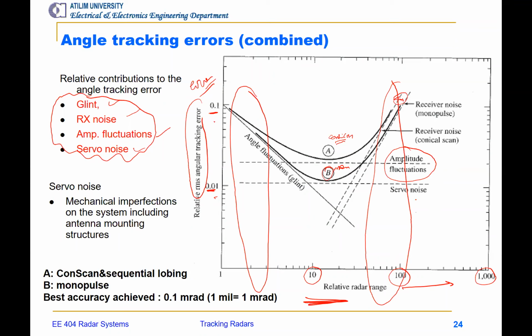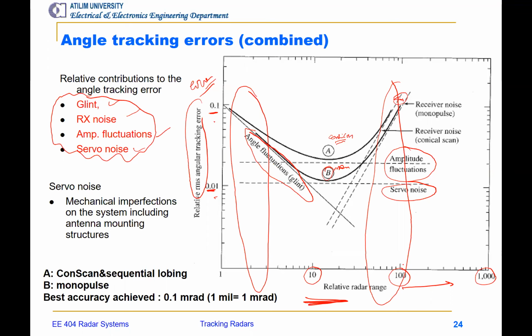On the other hand, servo noise is a problem for monopulse, as it is for conical scan or sequential lobing. When we look at the short distances, we see that the main limitation to the accuracy of the monopulse is angle fluctuation, glint, as we have described in the previous slide.